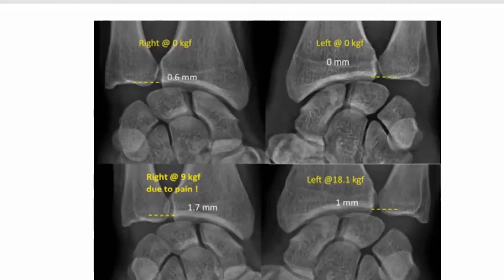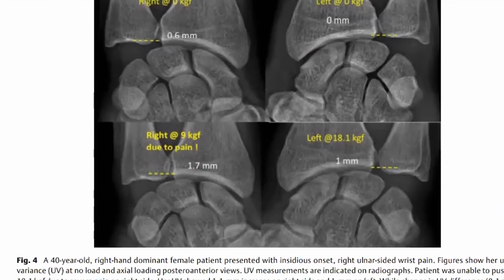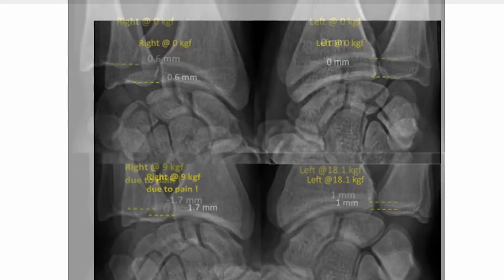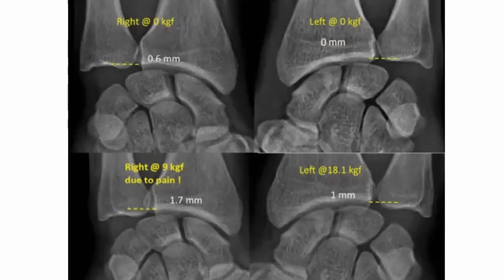Okay, so we've got this one case that's on the first view. It's got a right and a left, no load. And so the right side is the one that is causing ulnar-sided wrist pain. So the left is normal. Now this is a little bit of an older patient. You can see how the edges of the radius are a little bit blurrier, but not much.